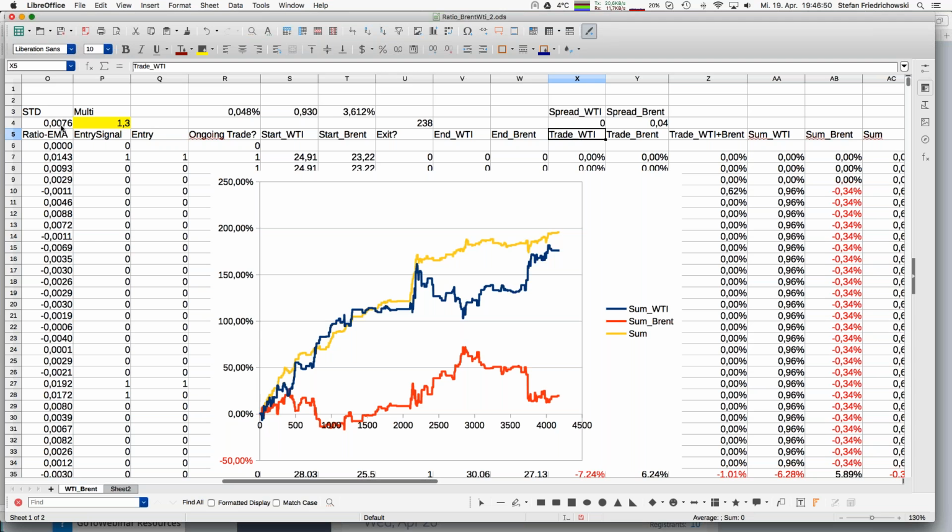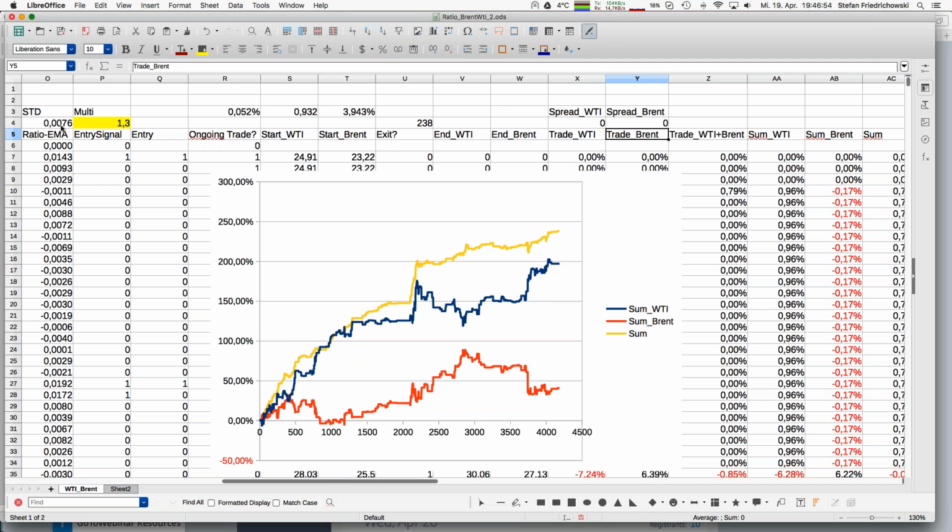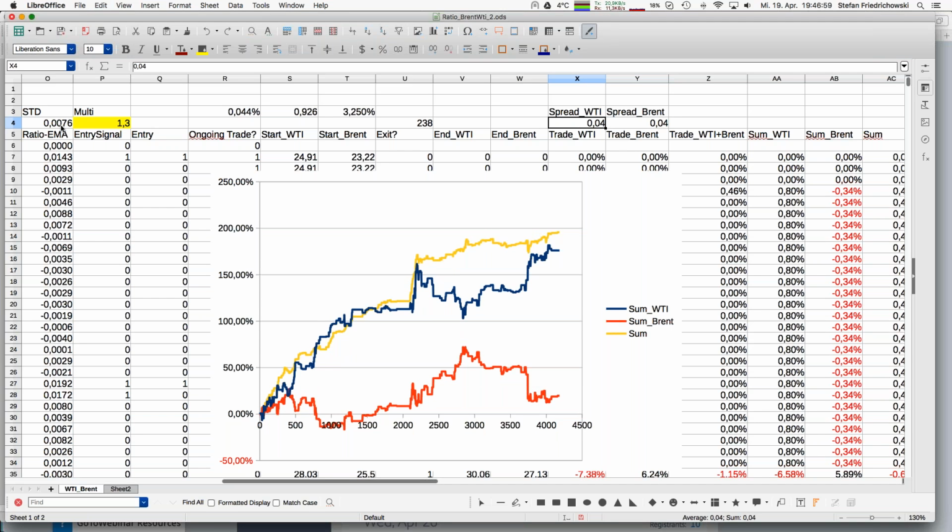Just for a second, I will go for zero, then you can see that we get even much better results, but that is misleading. Strategies calculated without any spreads is nonsense. Therefore, we have to apply whatever the market gives us. And in this case, we know that we have spreads.